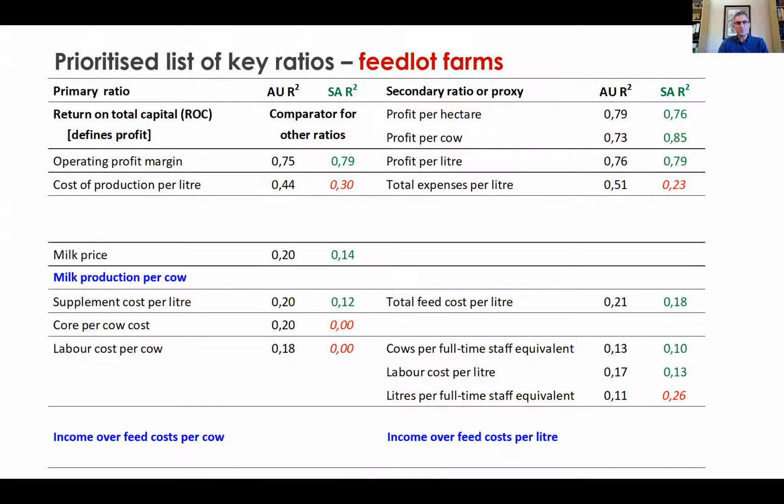And this underpins the important structural difference between feedlot farms and pasture-based farms. Feedlot farms are similar to the great majority of commercial businesses, where the primary sale product, milk in this case, is the primary driver of profit. However, with pasture-based farms, it is pasture production that is the primary driver of profit, with the sale product milk being a byproduct from the pasture production process.